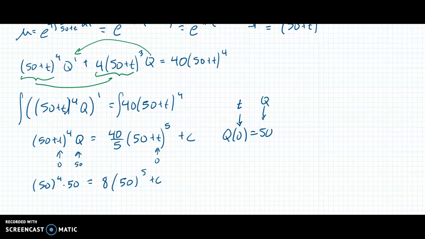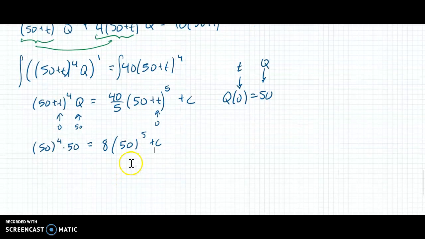Now, you could do 50 to the fourth and 50 to the fifth, and we could use a calculator. But look, this here is a 50. Pop it in there. I have 50 to the fifth. And here, I got equals 8 times 50 to the fifth plus a constant.